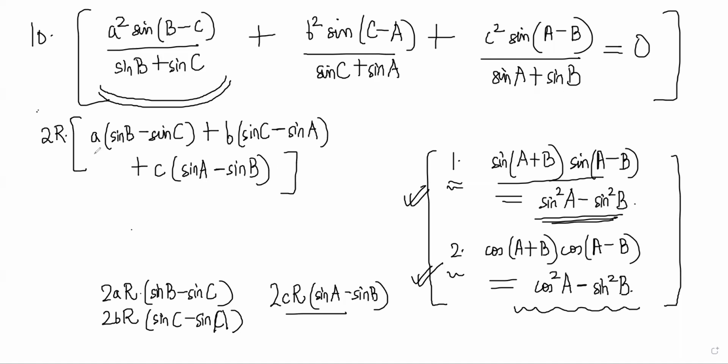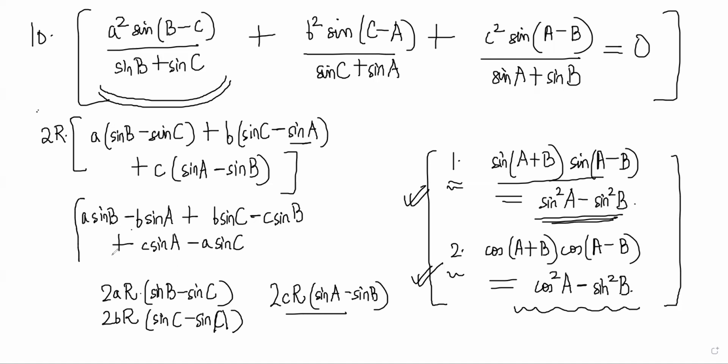It is now obvious that if you group it, you will get a sine B minus b sine A, plus b sine C minus c sine B, plus c sine A minus a sine C. What is a sine B minus b sine A?